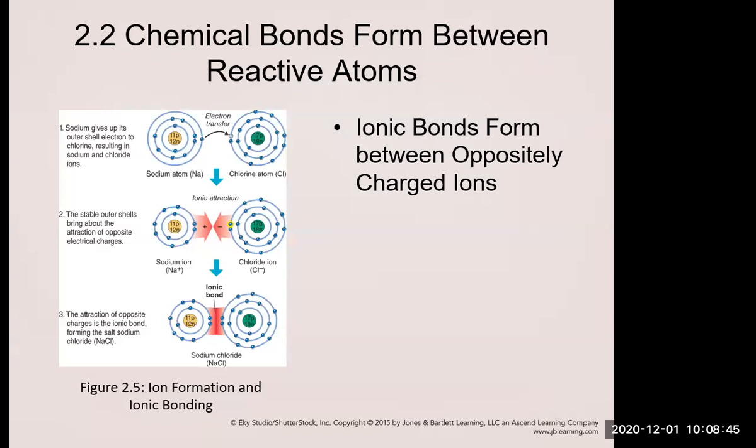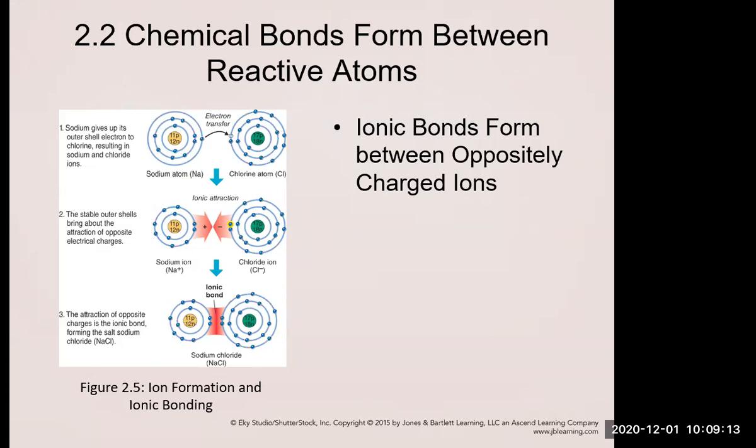We're going to talk about a couple different types of bonds, primarily ionic and covalent bonds. In an ionic bond, we're going to form through donation and receiving of an electron. So one atom will give another atom an electron. That's going to give the atom that donates the electron, so it loses some negative charge, it becomes positive.